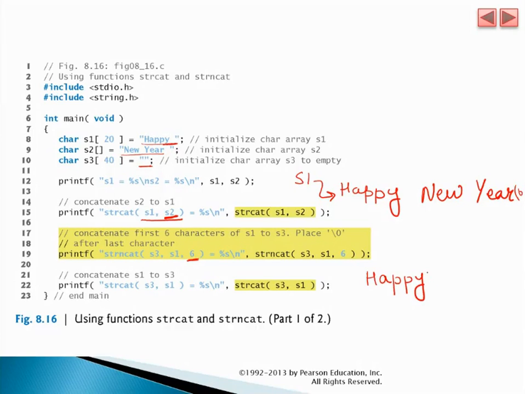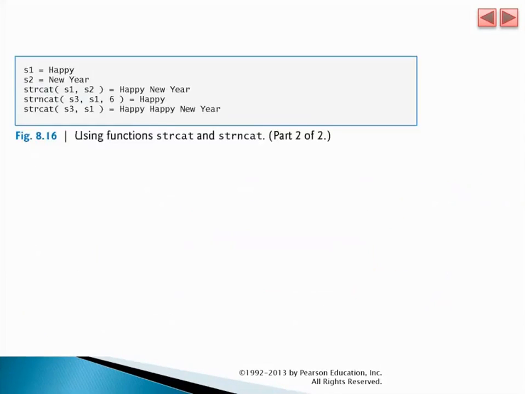Not with the space, with the null character actually. So yes, this happy will get copied. If we concatenate S3 with S1 again, what happens? S3 is now pointing to happy, and then S1 is Happy New Year. So the entire thing will get copied. Any question?